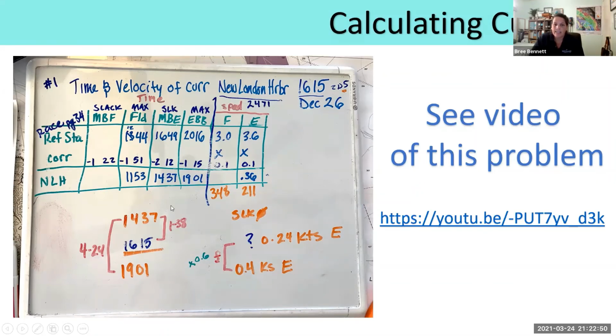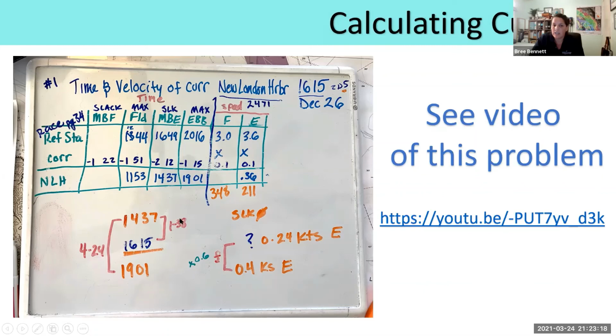Then I do my same kind of sandwich graph. At 1437, it was slack water. At 1901, I had a maximum of 0.4 knots ebb. What was going on at 16:15? Again, I get that duration, the time between the slack and the maximum.